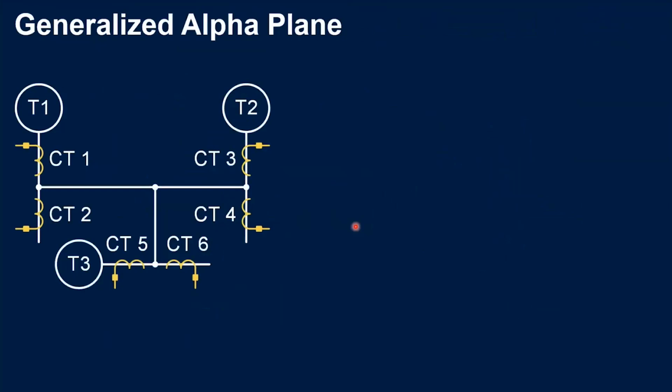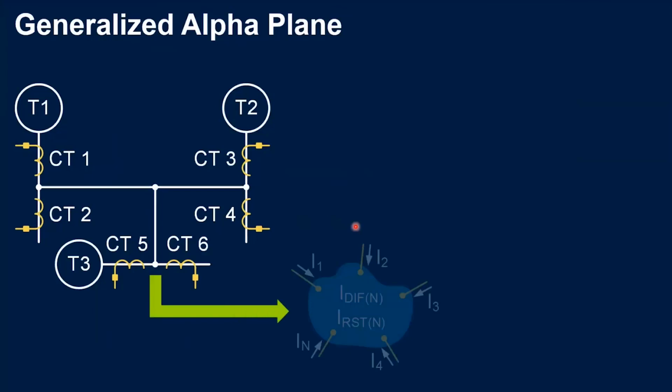So this is why we created the generalized alpha plane. Okay, so it's a method we use to translate a three-terminal system into an equivalent two-terminal system to be able to have an equivalent local current and remote current, so that we can implement the alpha plane in systems with more than two terminals.